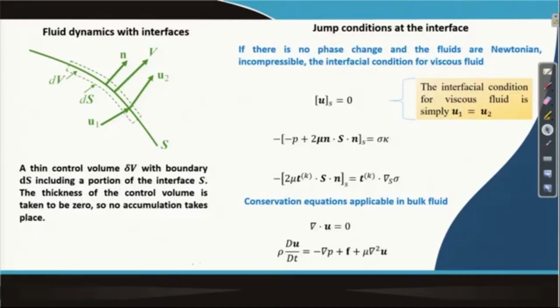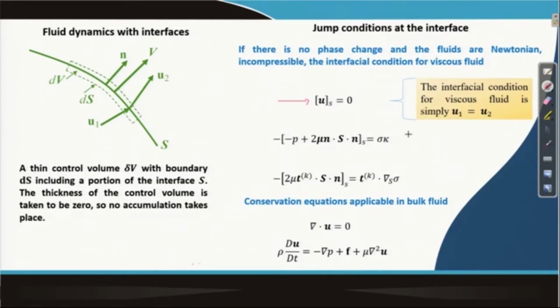In this lecture, we continue our discussion on interfaces. So, in the previous lecture, we had discussed the interfacial condition for the mass flux across the interface, and we showed that in the case of viscous fluid, it is simply equal to U1 equal to U2.